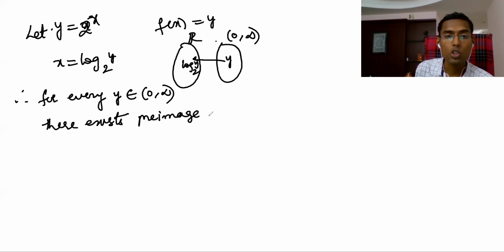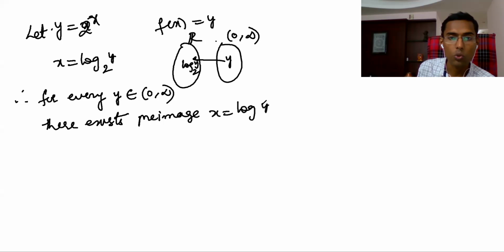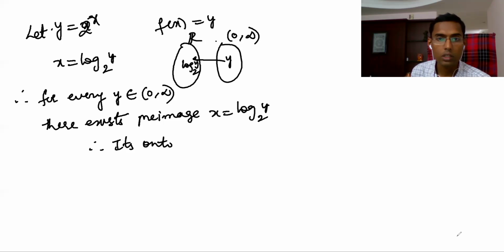What is that pre-image? Pre-image is x equal to log y to the base 2. Whatever you take from 0 to infinity, log y to the base 2 gives y. If you take 1, you get 0, like that. So therefore it's onto. If you want, you can take a screenshot here.